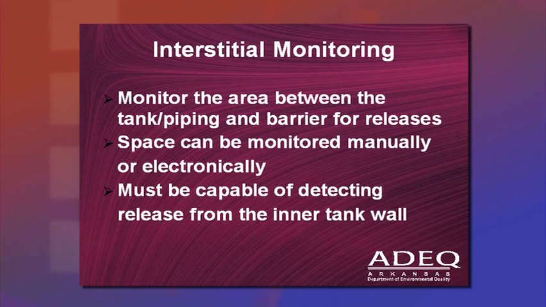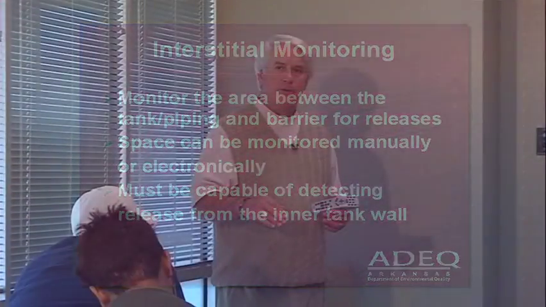That space can be monitored either manually or electronically. And you have to be capable of detecting a release from the inner tank wall into that secondarily contained space.